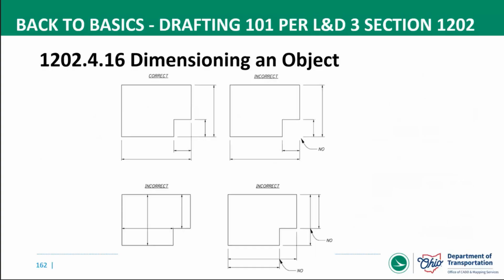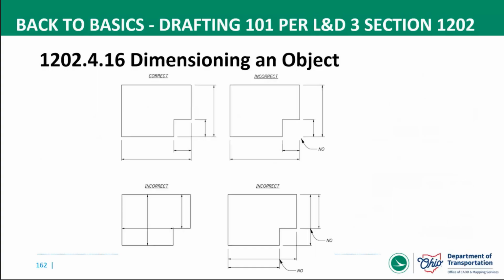Over to the right, you can see where it says no, the extension lines were shortened. So we can assume where it's pointing to or should be pointing to, but that's not the standard there. Every now and then, you probably have a lot going on. You may end up having a dimension inside an object here, but as a rule of thumb, you're going to avoid that as much as possible, especially all three of these dimensions being in there.